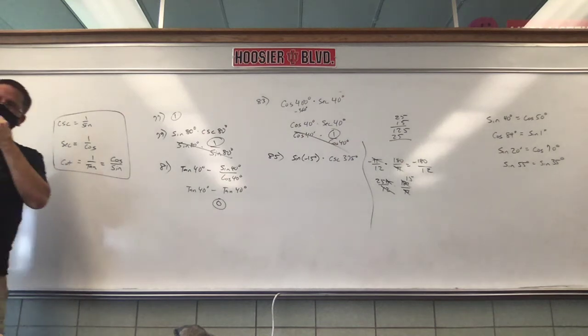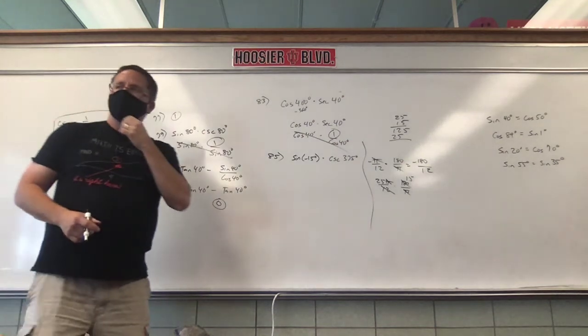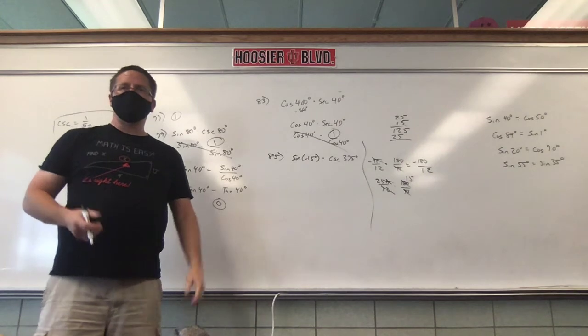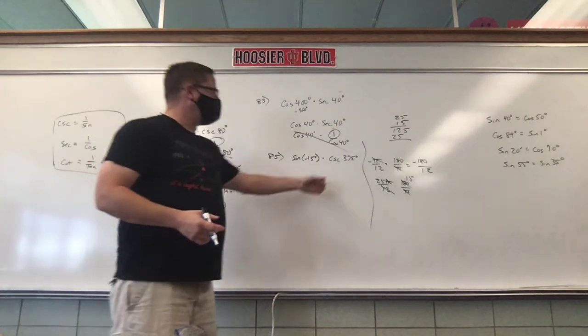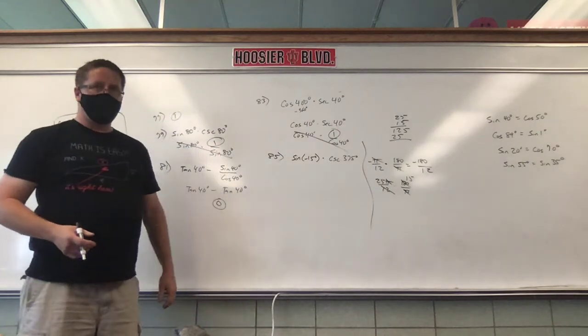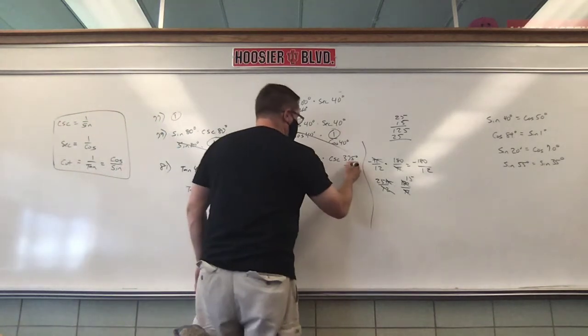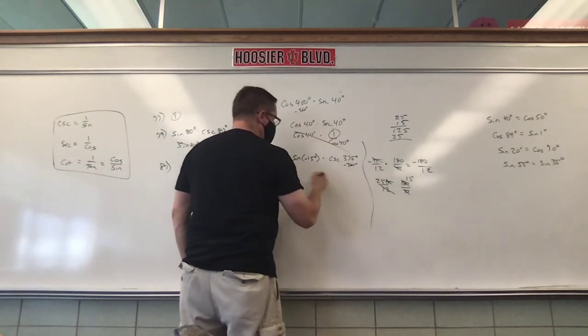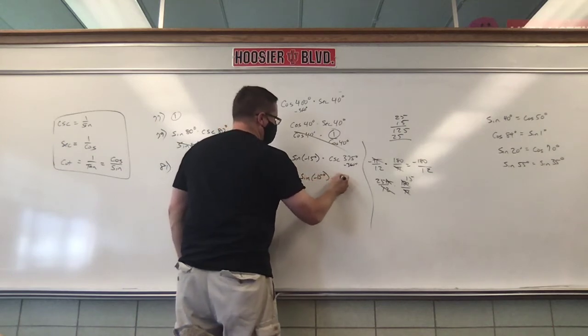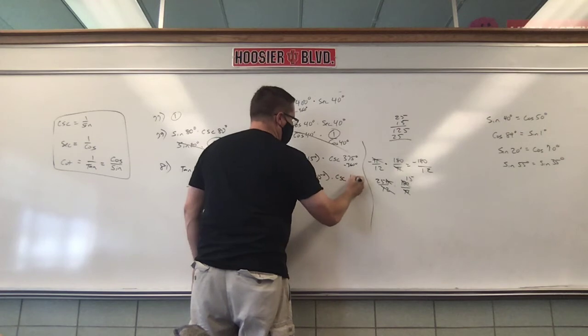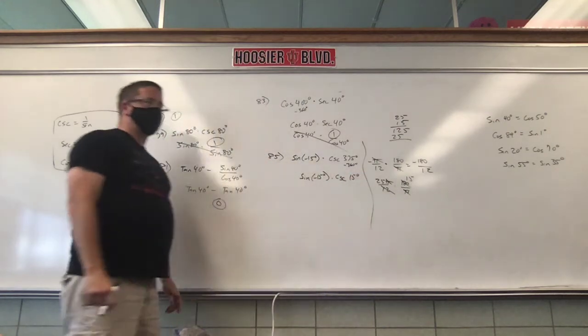I'll go around again. So what does that mean? Subtract 360, because the period of cosecant is 360 all the way around. So we subtract 360, and we have the sine of negative 15 degrees times the cosecant of 15 degrees.